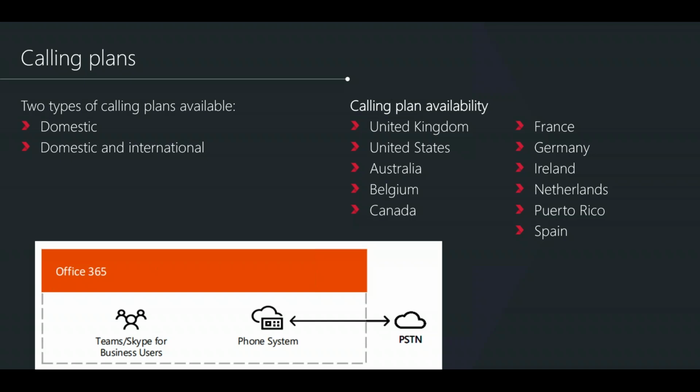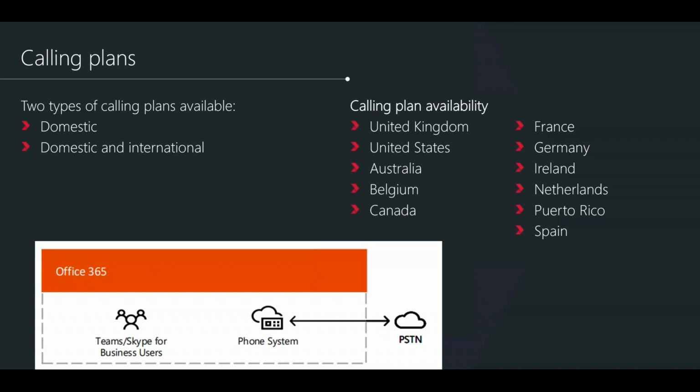There are currently 3 calling plans available in the UK. There's the domestic 120 minutes, domestic 1,200 minutes, and domestic 1,200 with 600 international minutes bundled in.